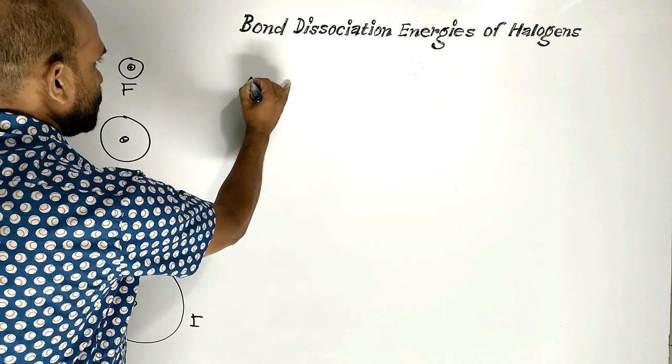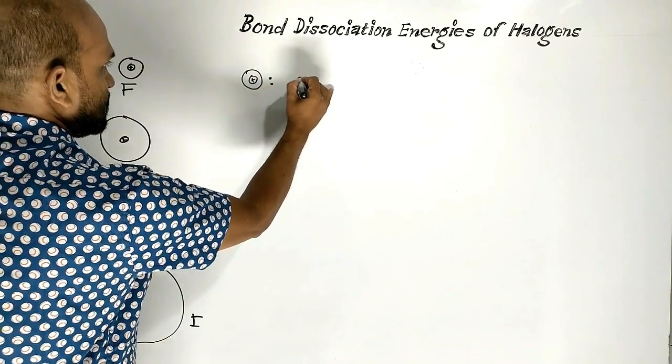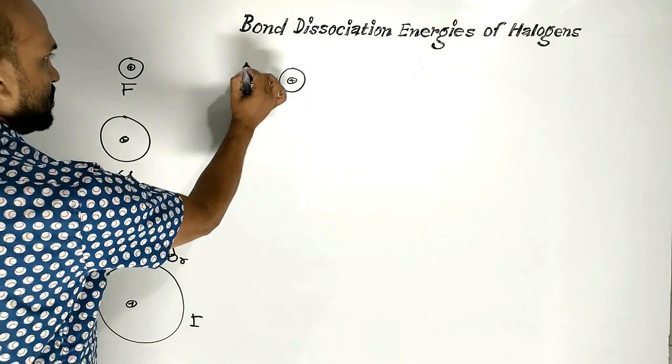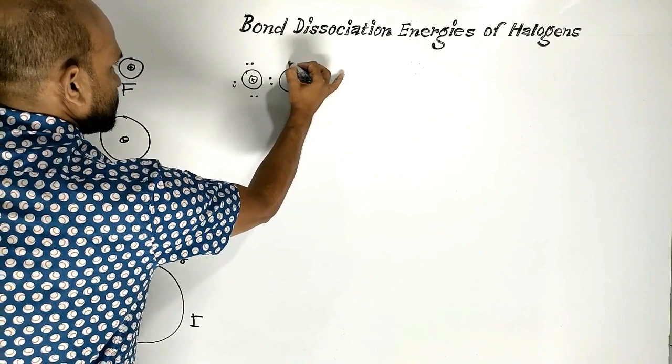Now we can see in this way: fluorine, another fluorine atom, contains 3 pairs of electrons.